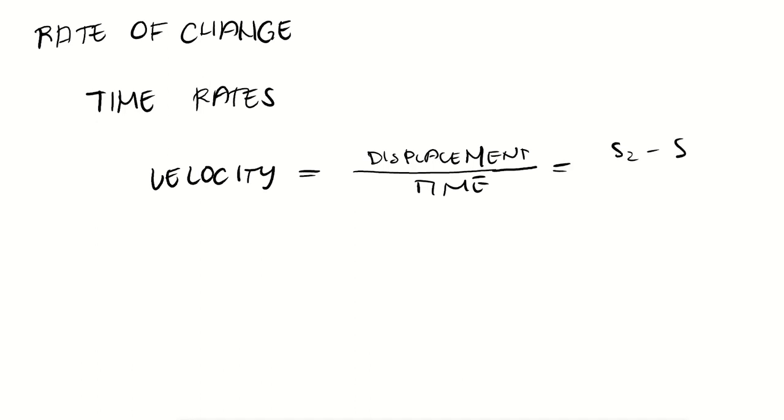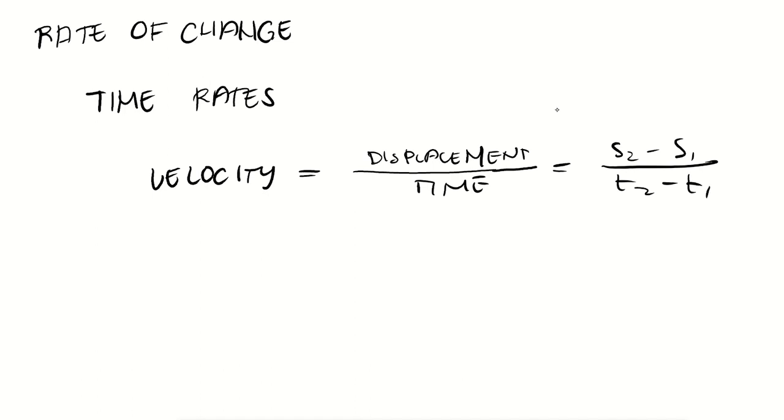The velocity can be measured through the traveled distance, by measuring the traveled distance or displacement and dividing it by the time needed to travel that distance or displacement. To take the average, usually it is S2 minus S1 all over T2 minus T1.